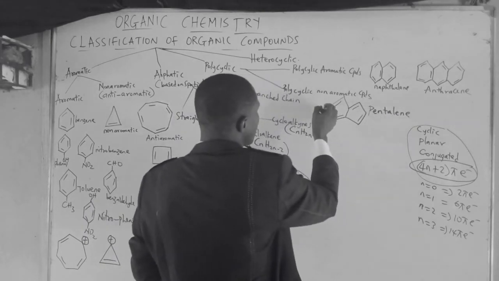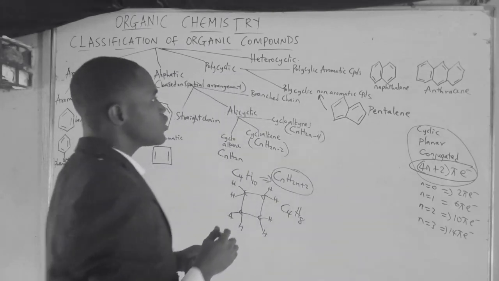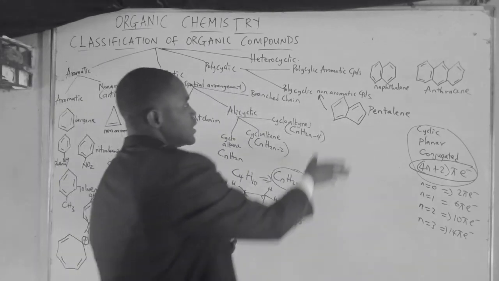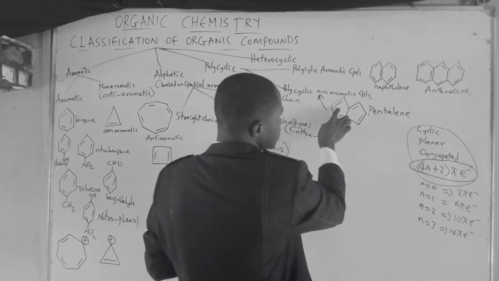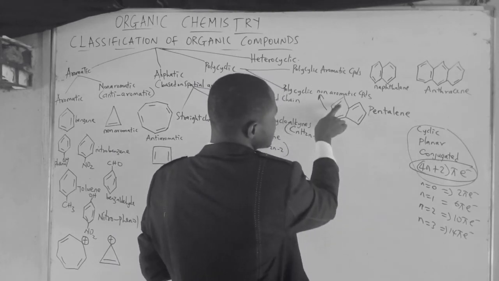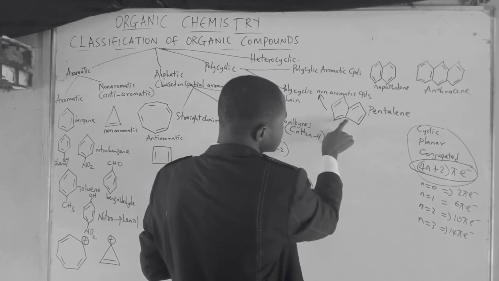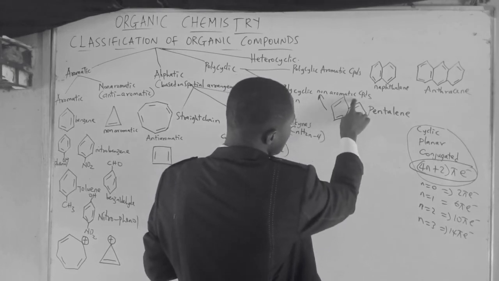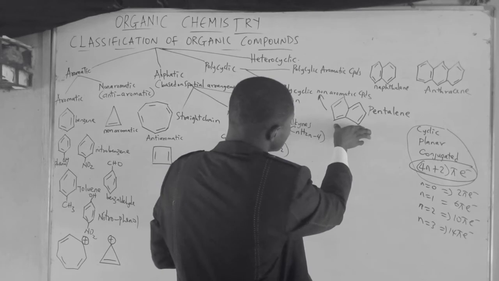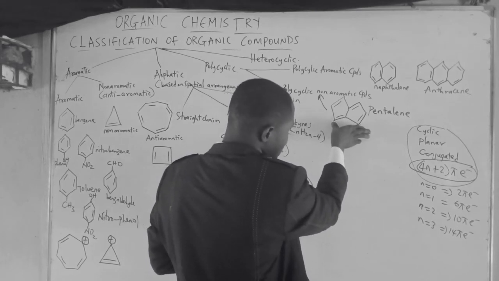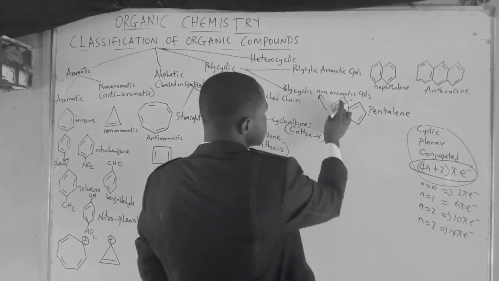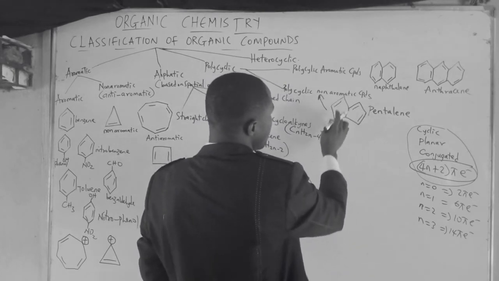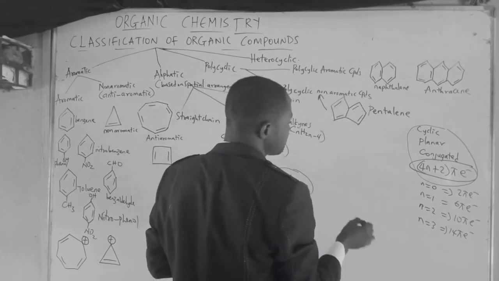This is an example of polycyclic non-aromatic compound. Why? It is cyclic, it is planar, it is conjugated: double bond, single bond, double bond, single bond, double bond, single bond, double bond, single. But does it obey Huckel's rule? No. It has 4 pi bonds, so it has 8 pi electrons.